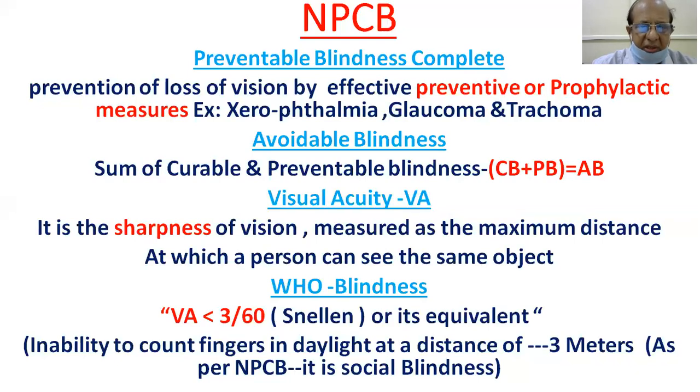Coming to the World Health Organization, blindness is defined as visual acuity less than 3 by 60 Snellen or its equivalent. Inability to count fingers in daylight at a distance of 3 meters, as per the National Programme for Control of Blindness, is also social blindness. So as per NPCB it is social blindness, whereas visual acuity less than 3 by 60 by the World Health Organization is just blindness.